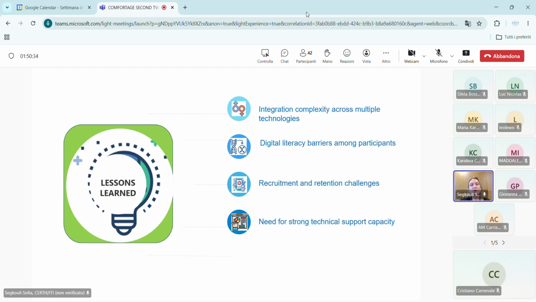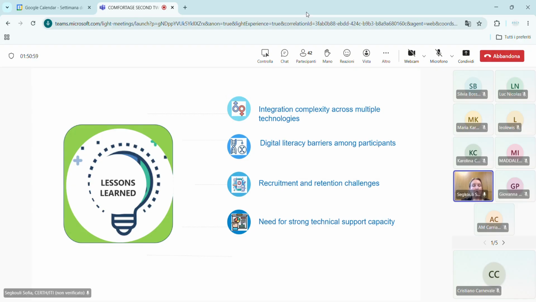Also, to address the operational side of the work, we must highlight three significant pillars: the technical integration of our system, the digital readiness of our participants, and the recruitment and retention challenges.